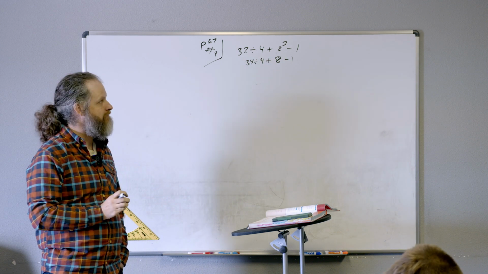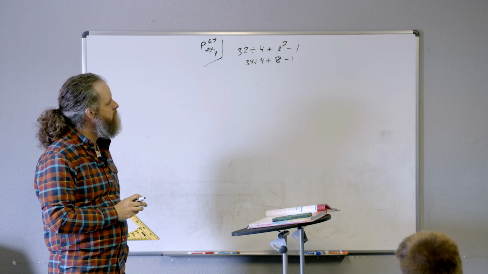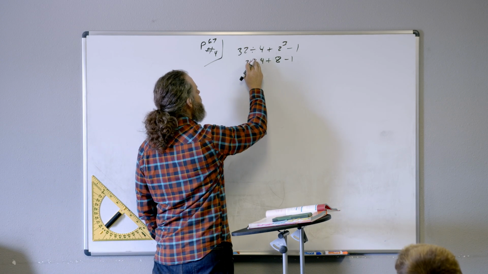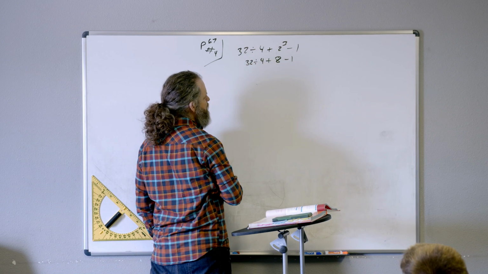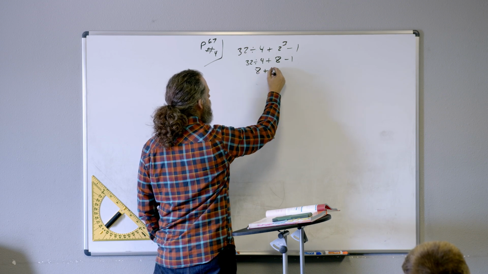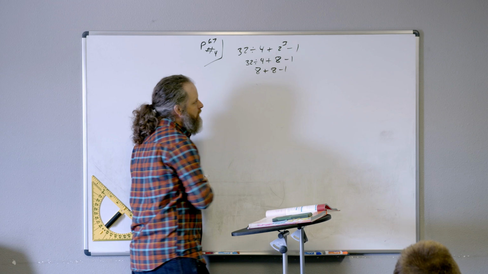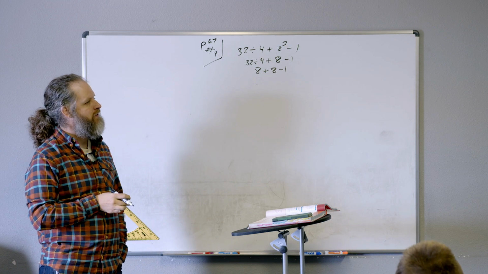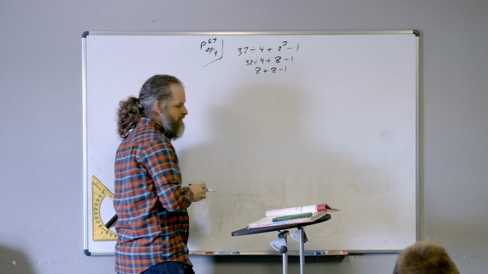Now what? 32 divided by 4. What's 32 divided by 4? 8. And then what's 8 plus 8 minus 1? 15.